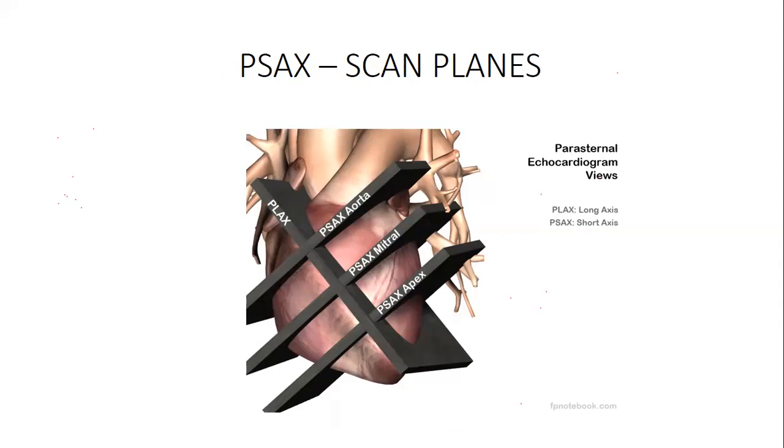Just to understand the planes, whatever I've been discussing here, have this diagram in your head. So we've got this heart, and when you see this plane, the parasternal long axis, you are cutting your heart in the long section when the patient is in the left lateral decubitus position.